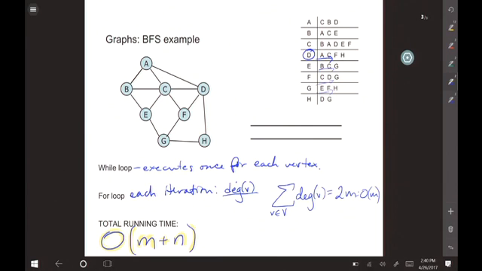Where did we make that assumption? You see it? Where do we make that assumption?